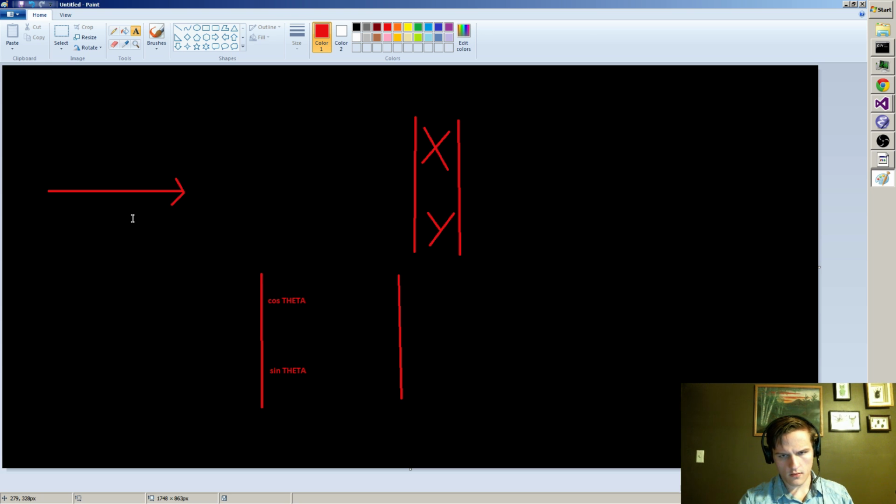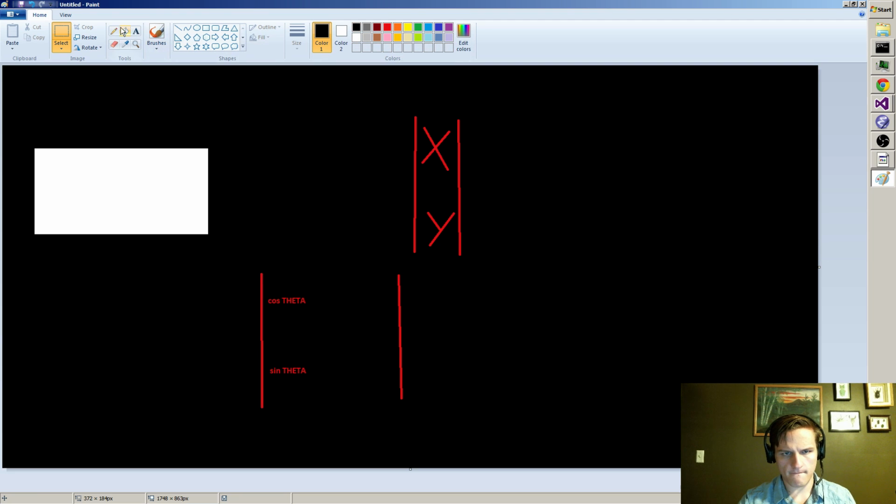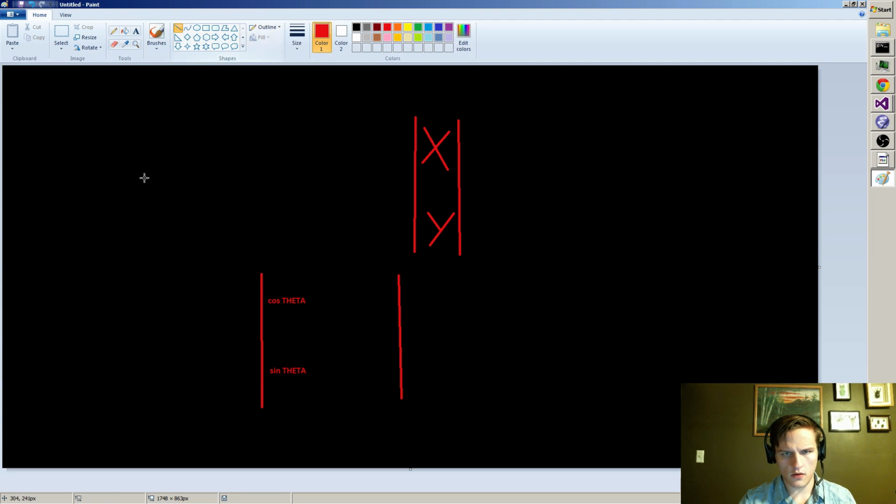And if I want the vertical thing to rotate by theta, then the amount of y I get... it's x times those things, y times those things.